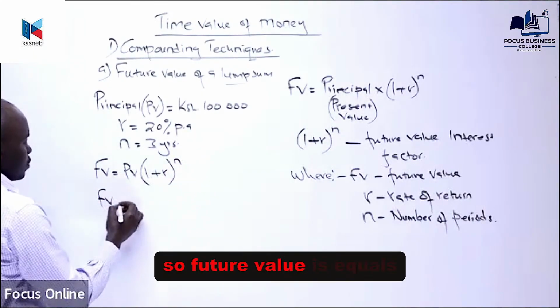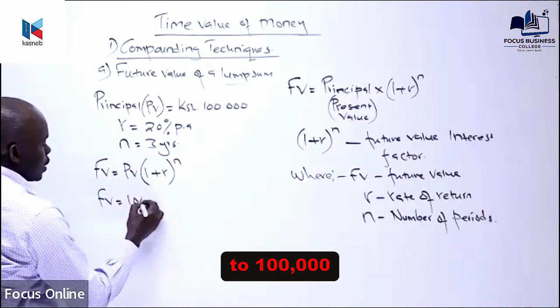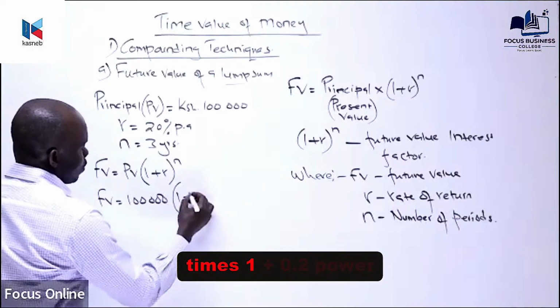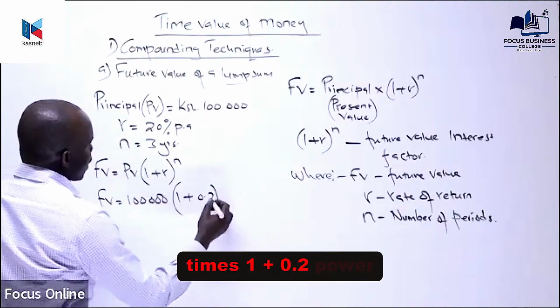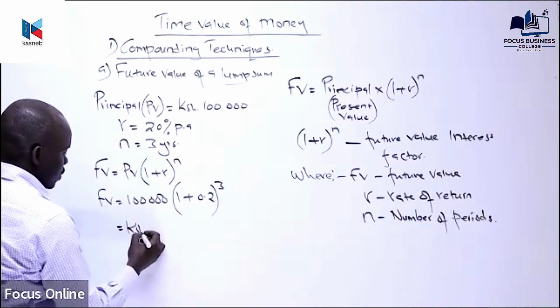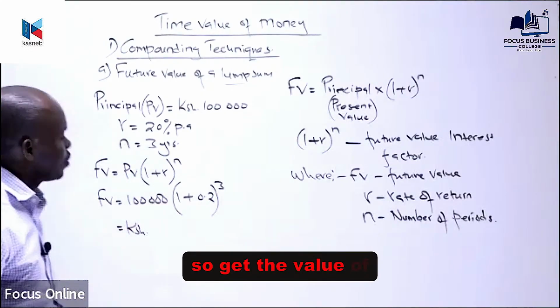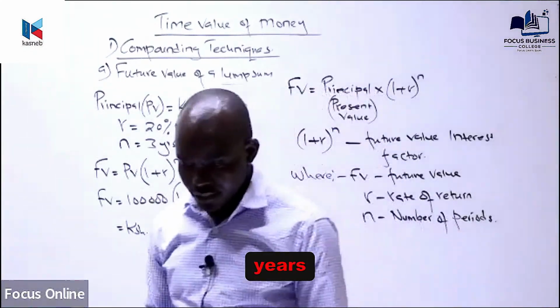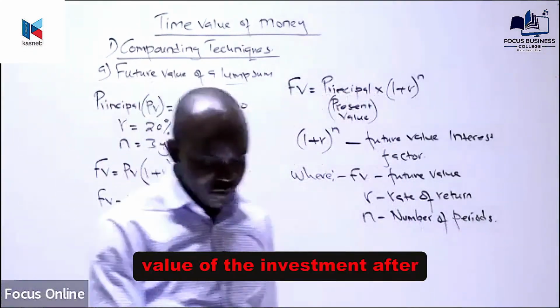So future value is equal to 100,000 times (1 plus 0.2) power 3. Get the value of the investment after 3 years.